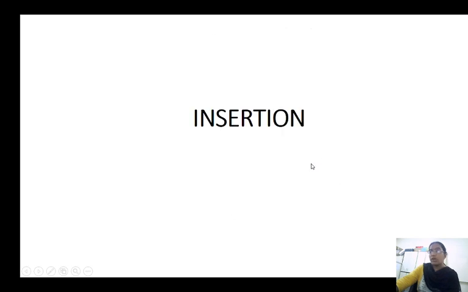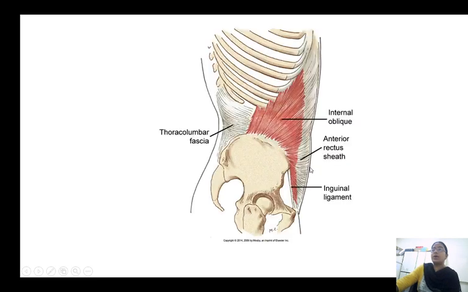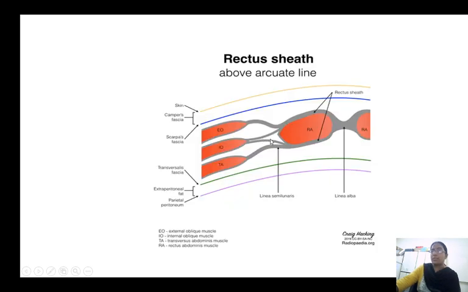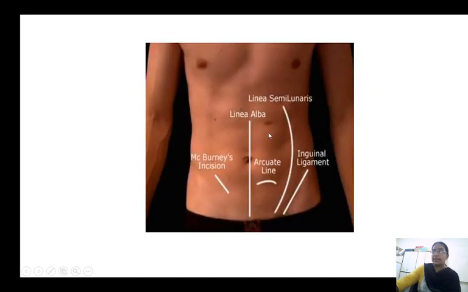There is also one point of difference here. When the internal oblique inserts into the linea alba, it divides into the anterior and posterior laminae and gets inserted. But between the umbilicus and the arcuate line, in the upper 3/4 part, the internal oblique divides into anterior and posterior laminae.